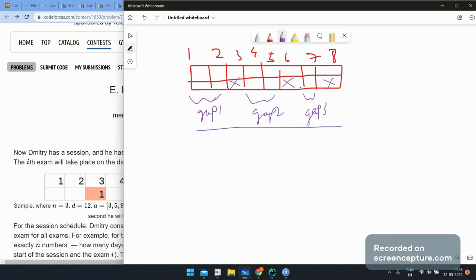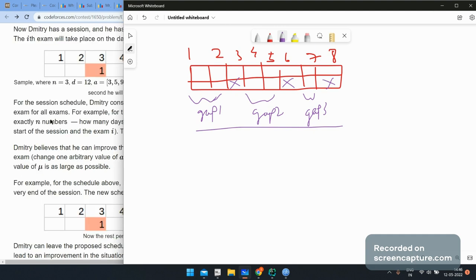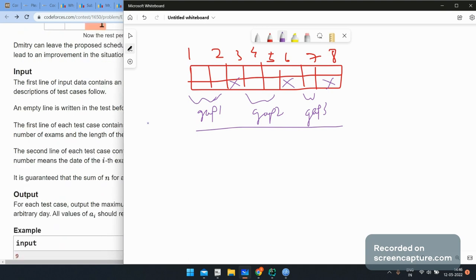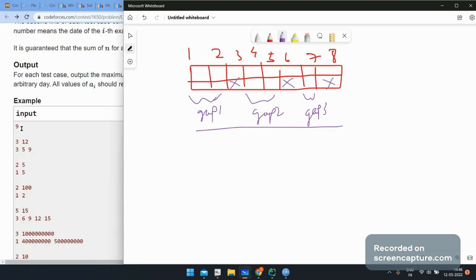So how to proceed? He wants us to manipulate only one element, so at most one examination you can manipulate. The answer is always at least zero because you can always place it adjacent to them. That's not a big deal. We should also not panic about an examination being held on the same day, because if we place them on the same day by the greedy method, the answer would be zero in that case.